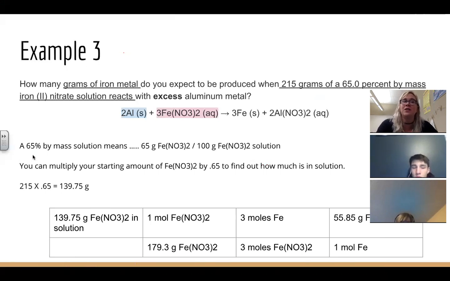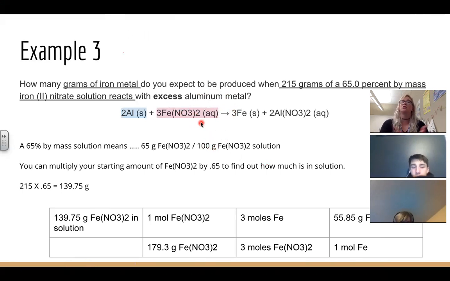So a 65% by mass solution means that there are 65 grams of iron(II) nitrate dissolved in 100 grams of the solution itself. A big symbol for these is aq, an aqueous solution.